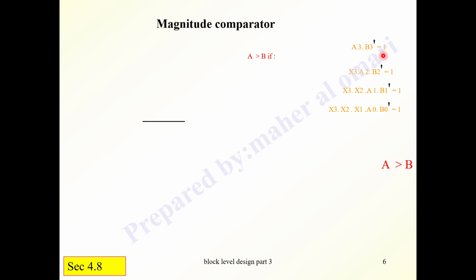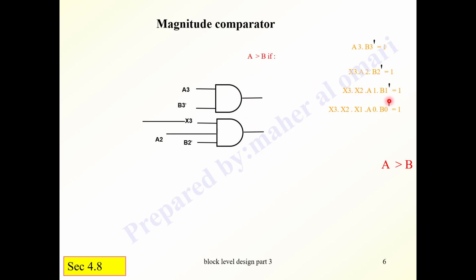Now, when is this equal to 1? If we take A3 as an input to an AND gate and B3 bar as an input to the same AND gate, and we get a 1 here, that means A is greater than B. All right. If we take an AND gate here, we put X3 as an input and A2 and B2 bar here. If this is 1, then this condition is satisfied.